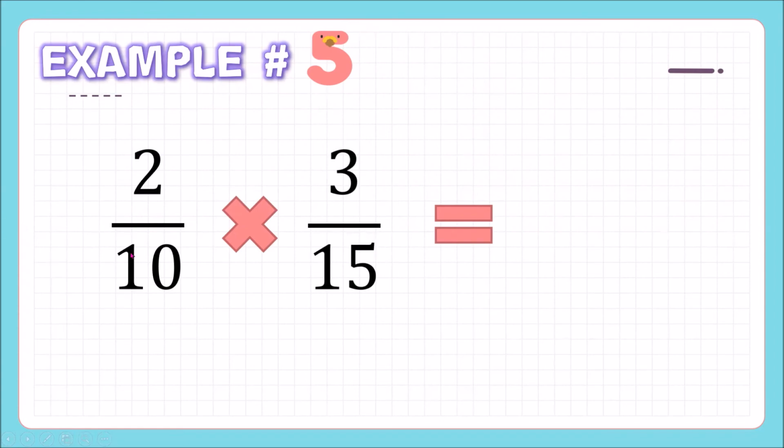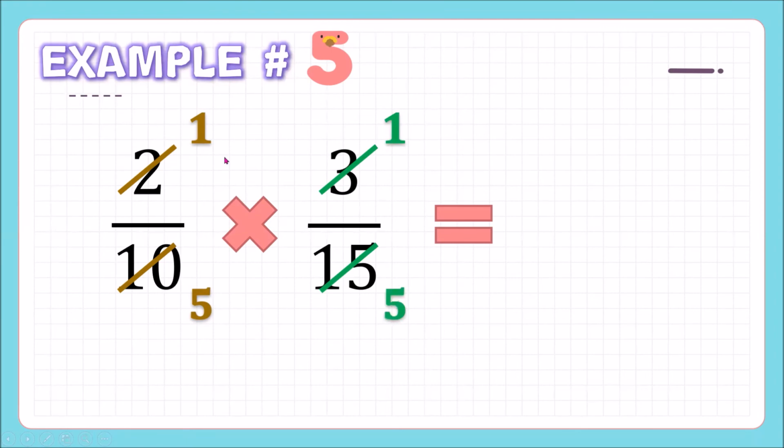Just remember that. In this case, we will cancel vertically. So 2 and 10 are both divisible by 2. Divide by 2, it will become 1. Divide by 2, it will become 5. And for this one, we need to divide by 3, and this one also.